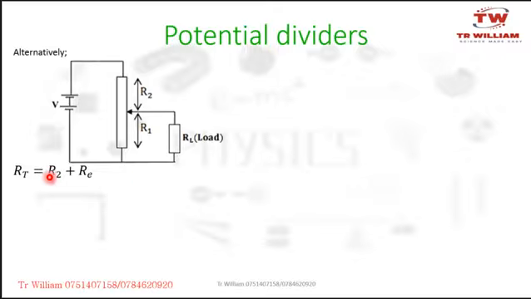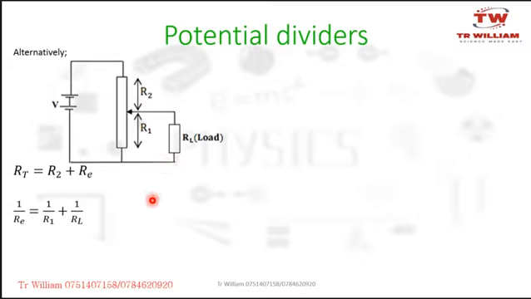Now, before I get the total, I need to first know the effective resistance of these two. From our previous knowledge, to get the total effective resistance when I have two resistors in parallel, I say one over that effective resistance will be equal to 1 over R1 plus 1 over RL. That will give me the effective resistance between these two.